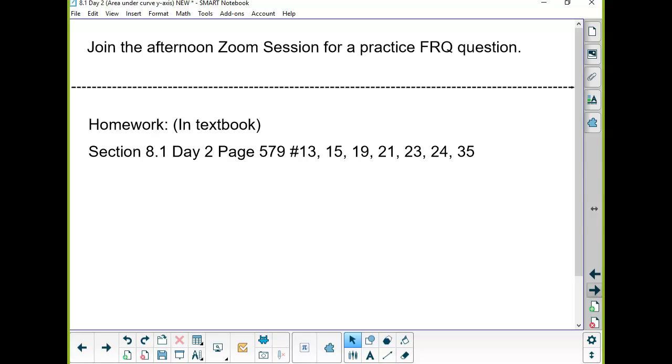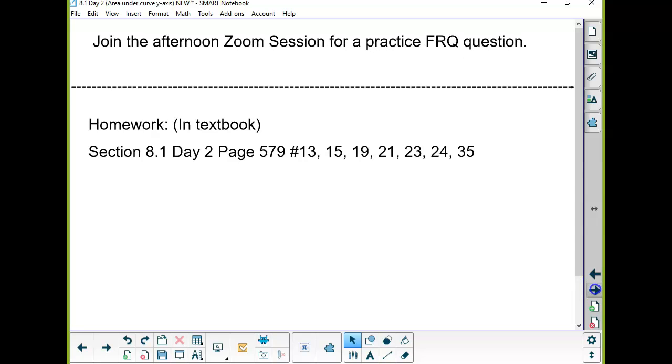We're going to do about 15 minutes of work time, and then at the end of that time, we're going to go over the free response in class, and that's going to be one of the very first times that you guys get a chance to try it, grade it, and get some feedback. So those of you who are on Zoom, you are welcome to come back. Make a note, 12:55, and use the office hour link on my Schoology page.